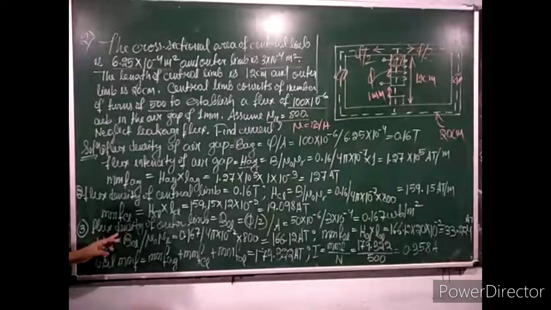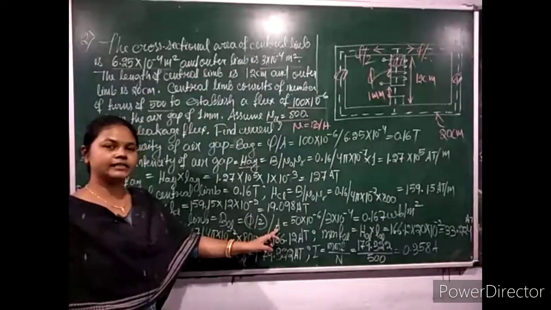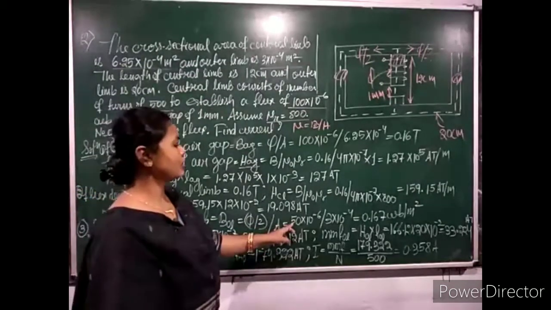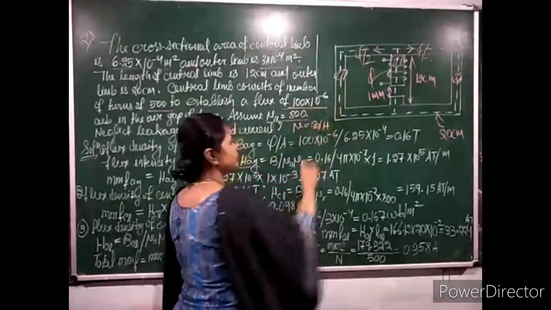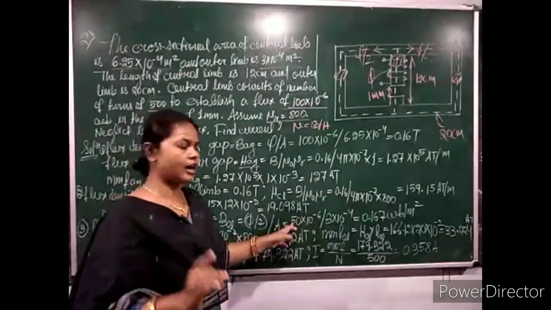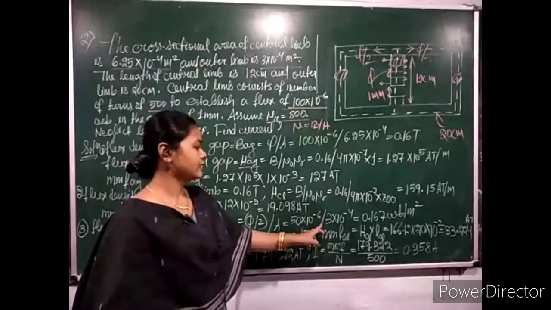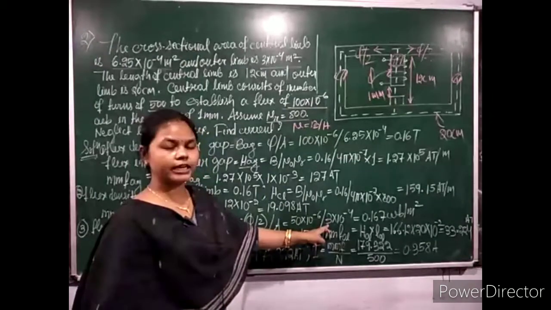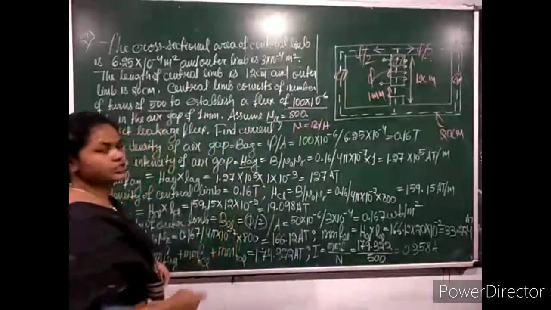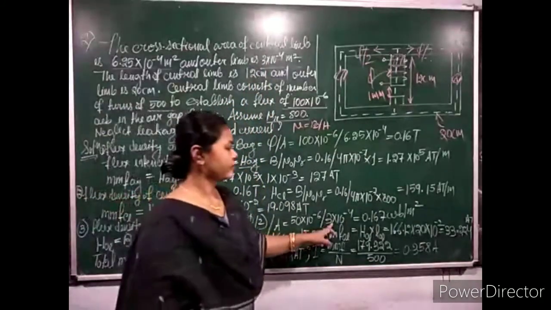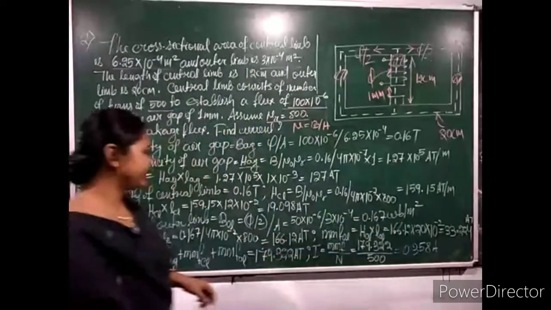So, flux density of the outer limb is phi by 2 by A, where A is the cross-sectional area. As total flux established in the central limb is 100 into 10 to the power minus 6, we take its half, so it is 50 into 10 to the power minus 6 divided by the cross-sectional area of outer limb, which is 3 into 10 to the power minus 4 meter square, which gives 0.167 Weber per meter square.